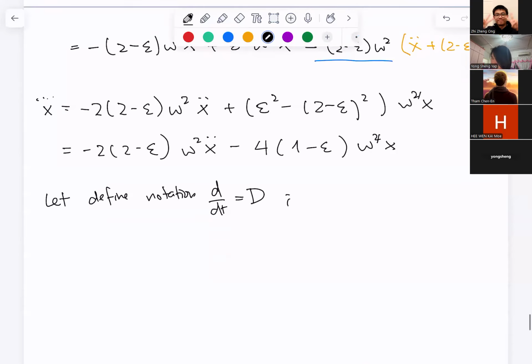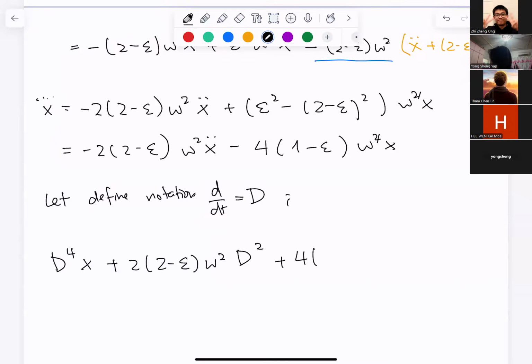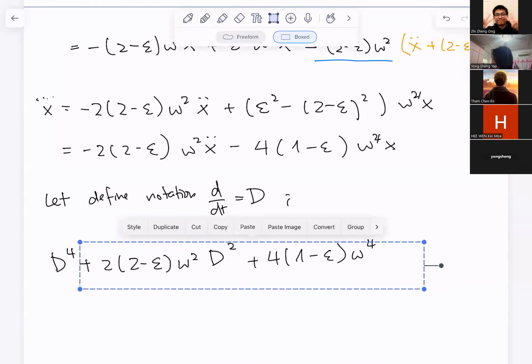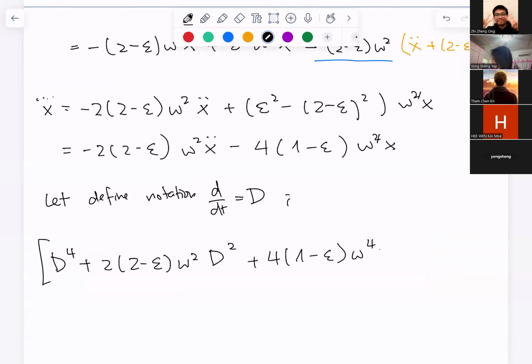So if we rearrange this, we have d to the 4th on x minus 2, plus 2 minus epsilon omega squared d squared, plus 4, 1 minus epsilon omega 4th. There's no d here. And this entire thing is actually acting on x to give you 0.